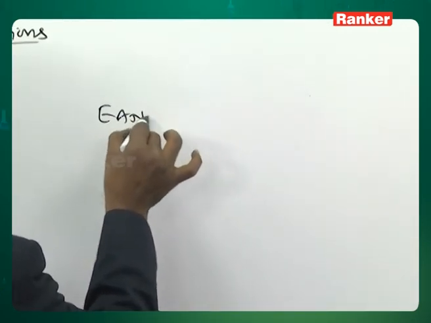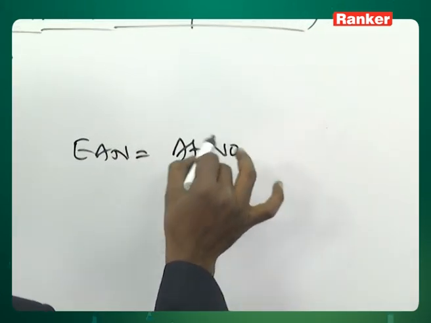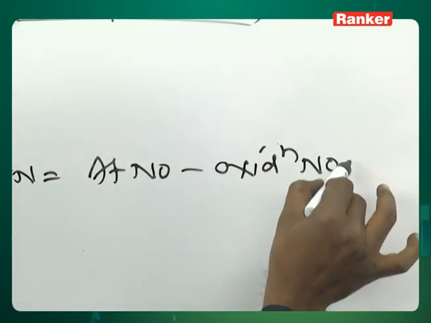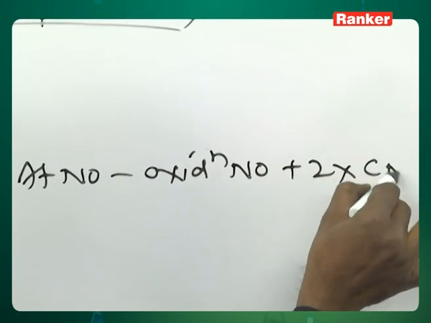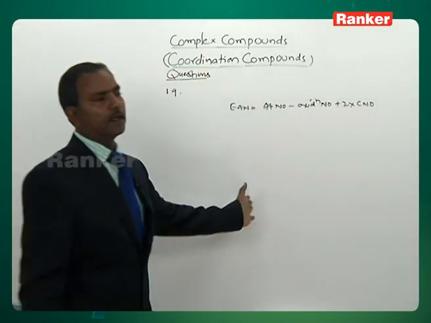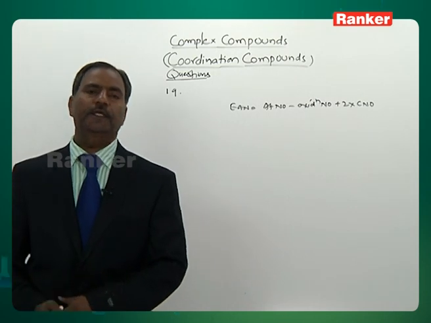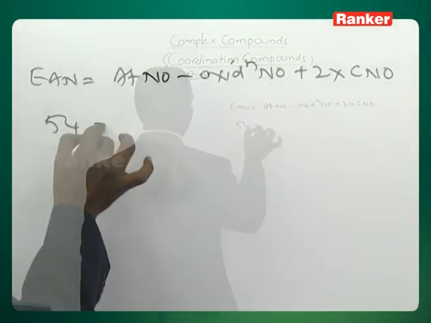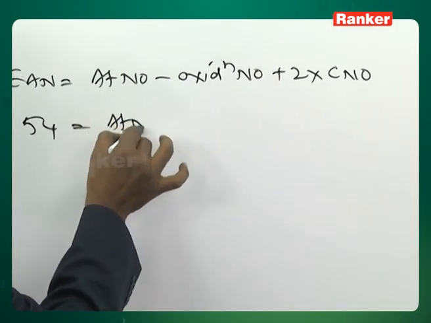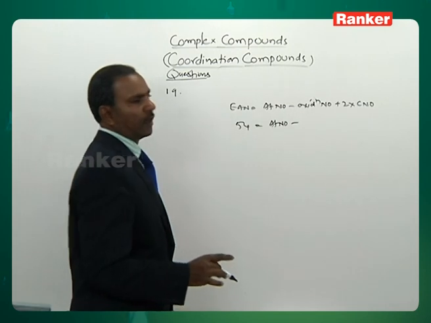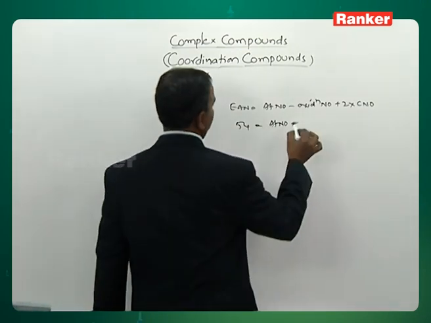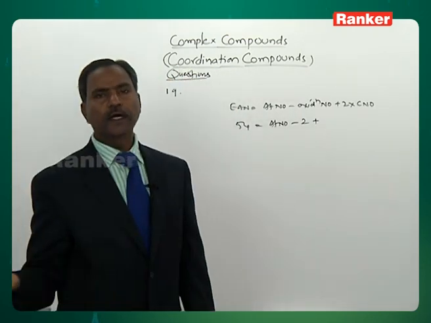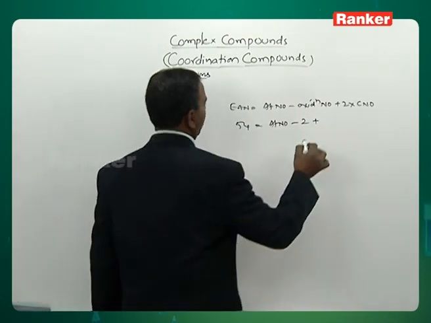Now, let us see according to the question what we know. EAN is equal to atomic number minus oxidation number plus 2 into coordination number. This is the equation to calculate EAN. What is given? EAN is 54. The oxidation number mentioned is +2, therefore minus 2. Plus coordination number: 6 ligands are there in the complex, so 2 into 6.